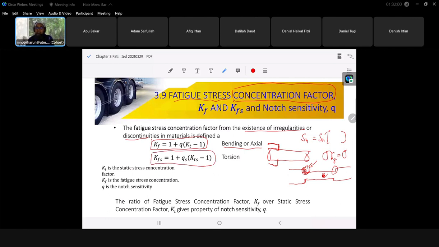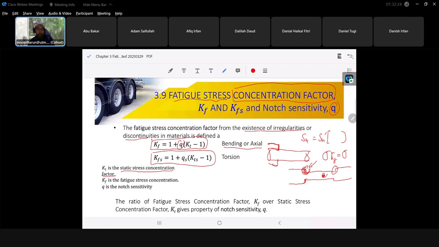KF has two parameters, two variables that we need to get the value, which is Q. Q is notch sensitivity. Then we have KT. What is KT? Static stress concentration factor.